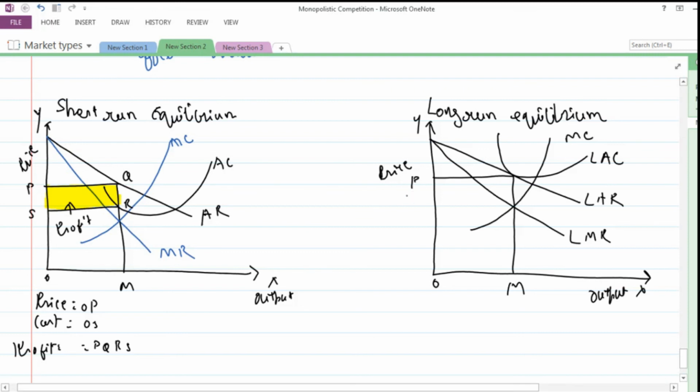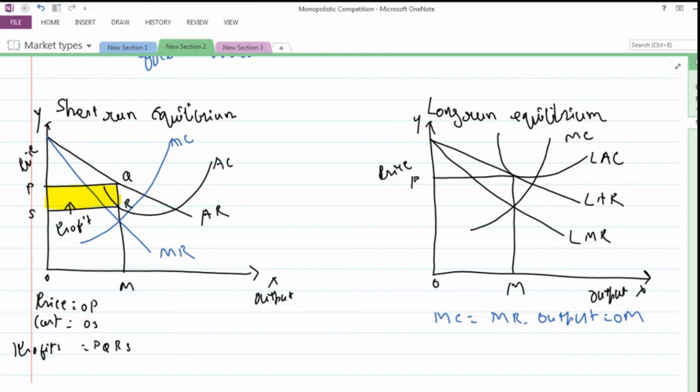Marginal cost is equal to marginal revenue, and at the OM level of output, the long run average revenue and the long run average cost have a tangent.